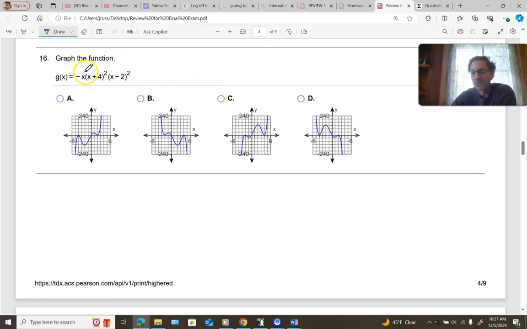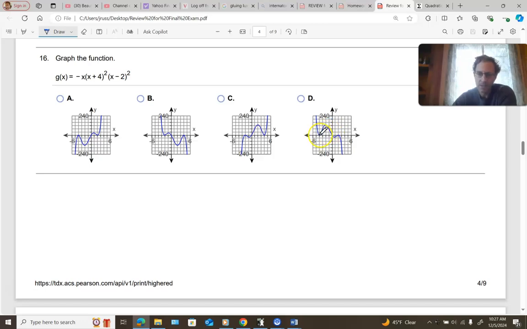All right, number 16, graph the function. Well, guys, I just do this in my calculator, but you could look and see where the zeros are. One's going to be at 0, another one at -4, and another one at +2. So, let's see. It's got to be this one. Well, hold on a minute. No, it's actually this one.